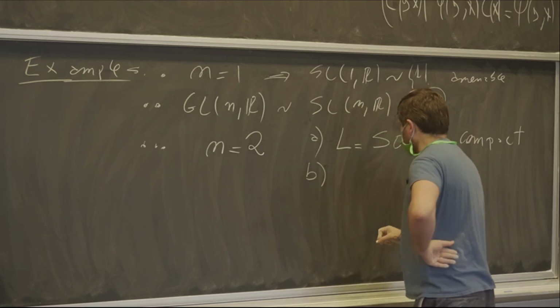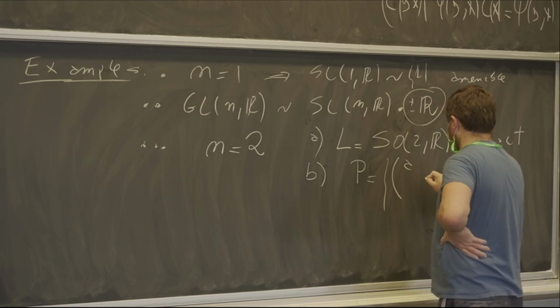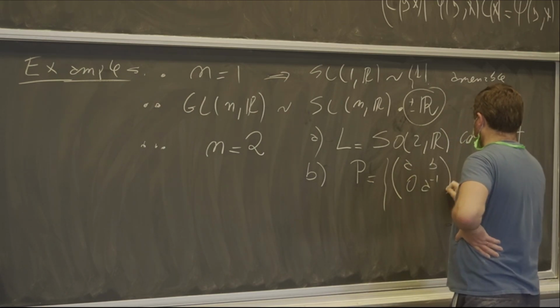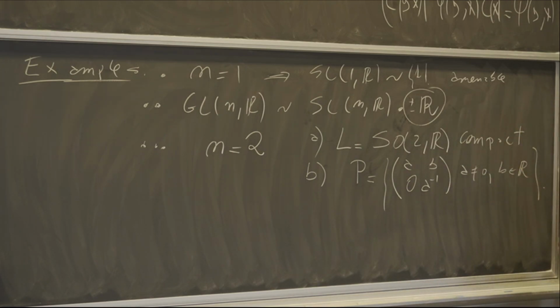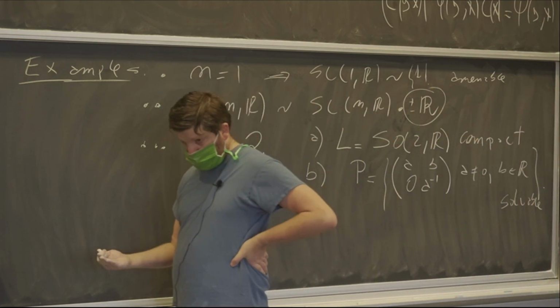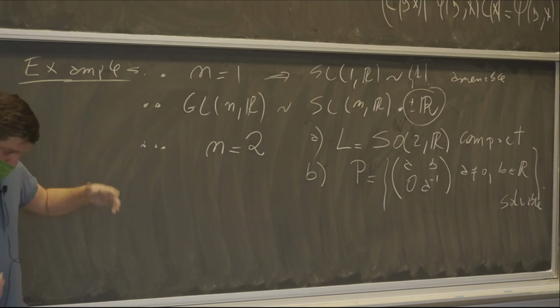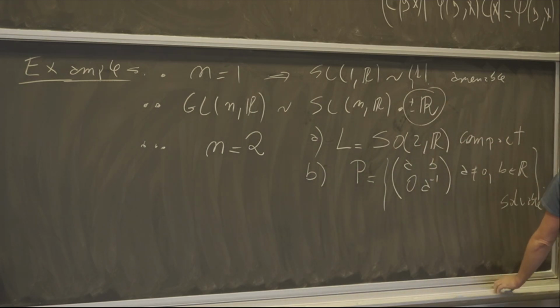Then B, we have the upper triangular guys, and this is solvable and closed, so this is also amenable because it's an abelian extension of an abelian, and we know extensions by amenable keep amenability, and abelian groups are amenable, so this is not a problem.